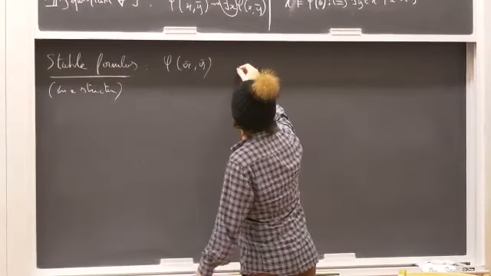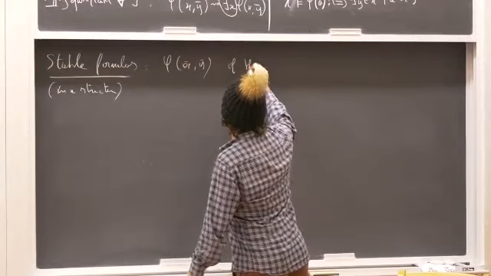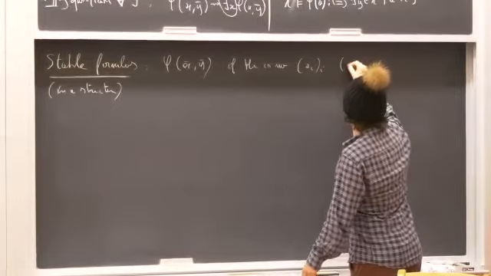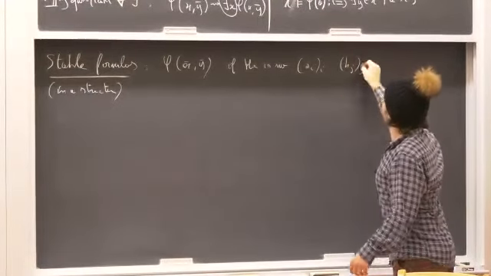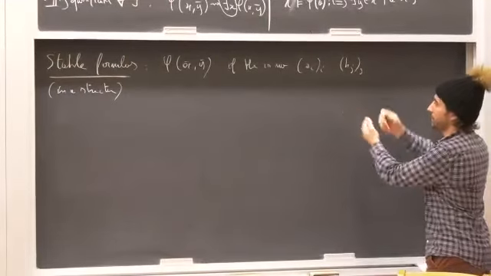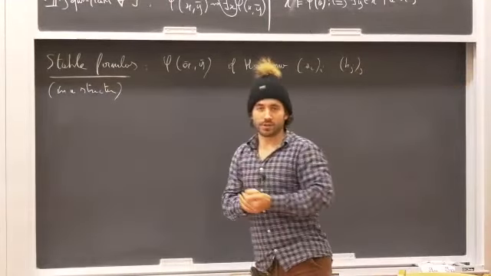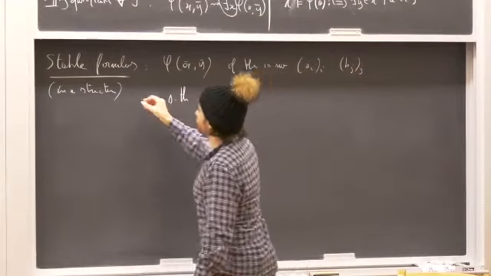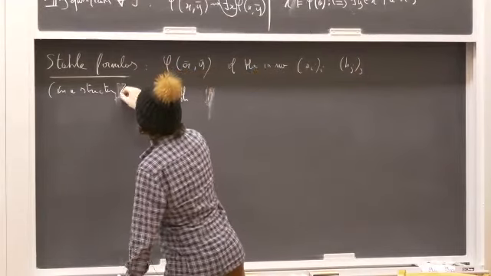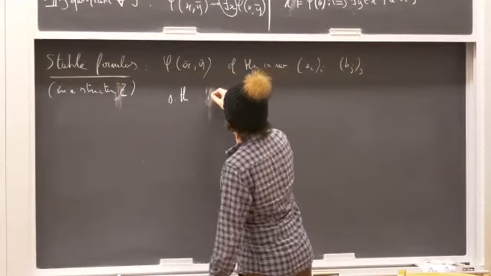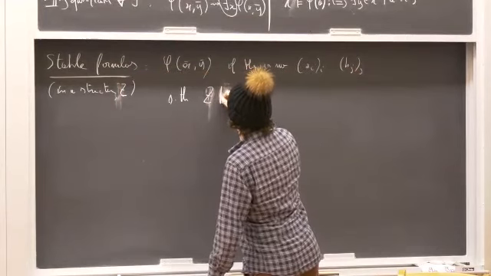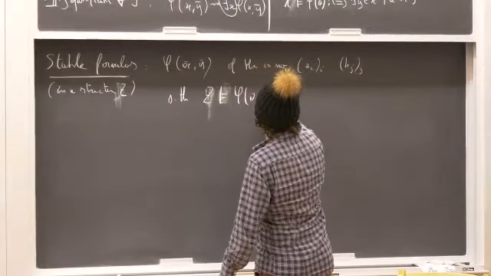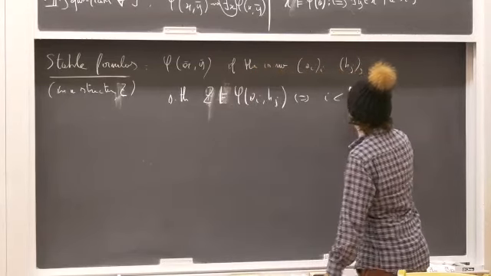I say that it's stable if there are no infinite sequences, and I'm not saying on purpose where I take these sequences, but you can imagine I take them in the domain of the structure, let's say Z, such that Z satisfies phi of a_i, b_j if and only if i is less than j.